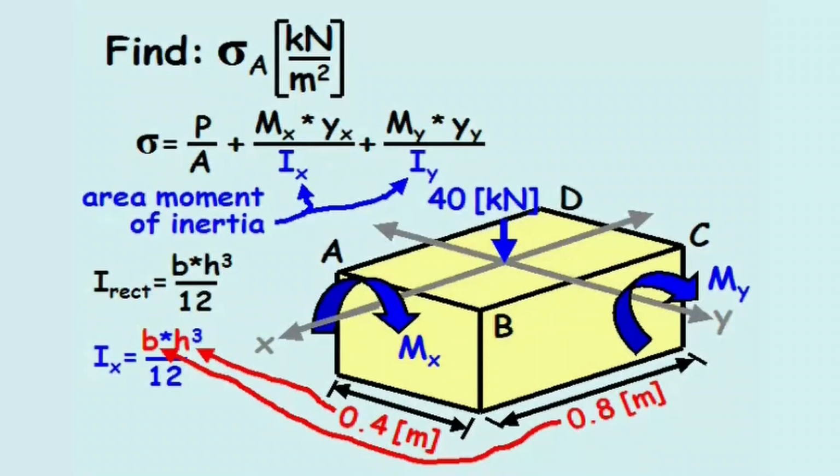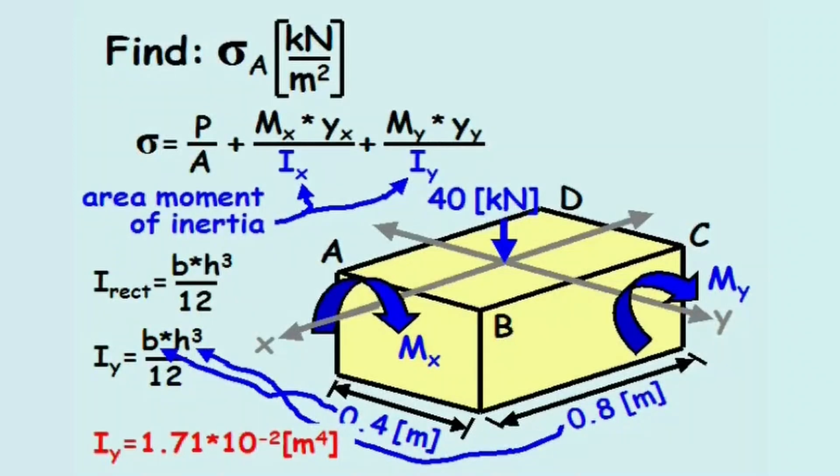And the area moment of inertia about the x-axis equals 4.27 times 10 to the negative third meters raised to the fourth power. For I sub y, the base width is 0.4 meters and the height is 0.8 meters. And the area moment of inertia about the y-axis equals 1.71 times 10 to the negative 2 meters to the fourth power.